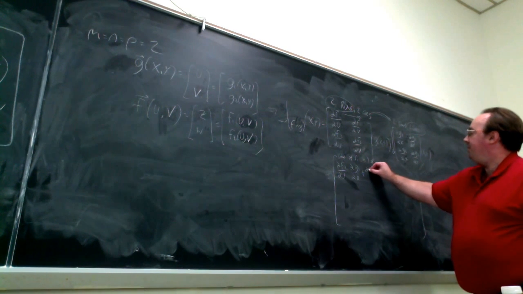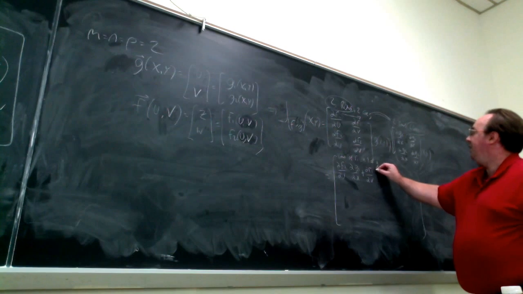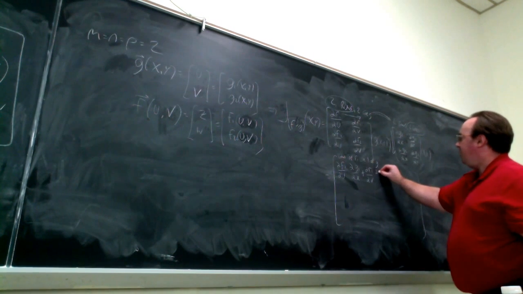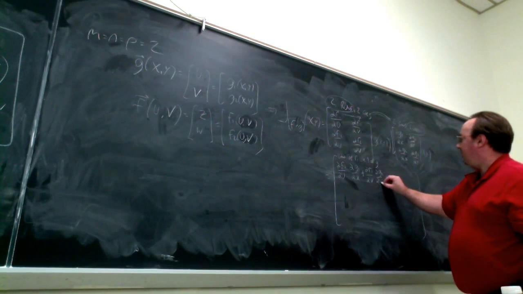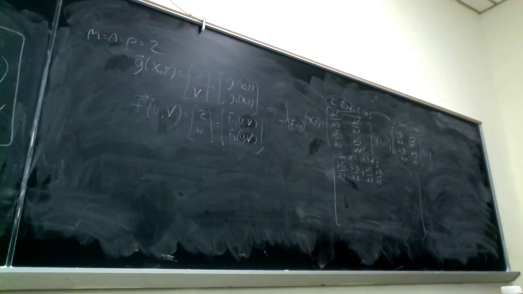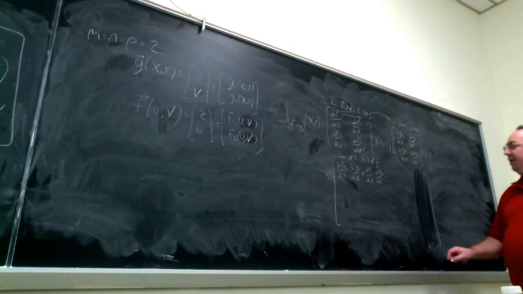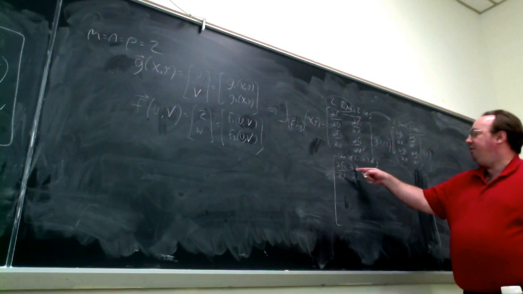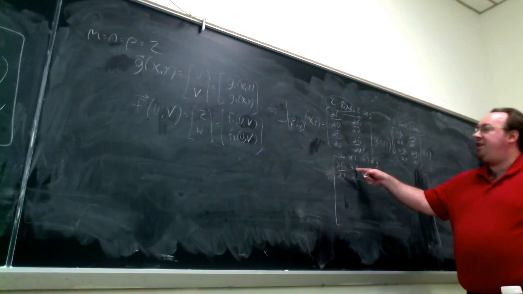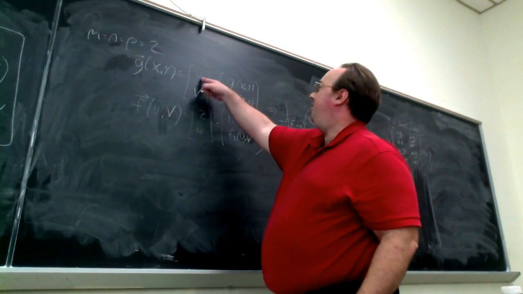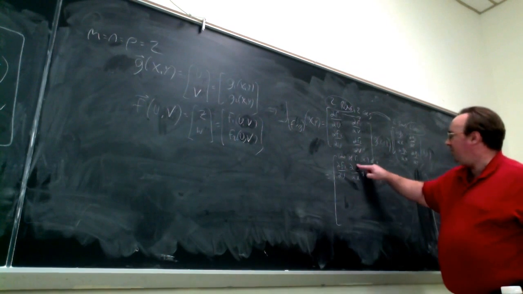Then partial of F1 with respect to V, partial of G2 with respect to X. And the thing is, G1 we can think of as U. So I could write this if I wanted to.